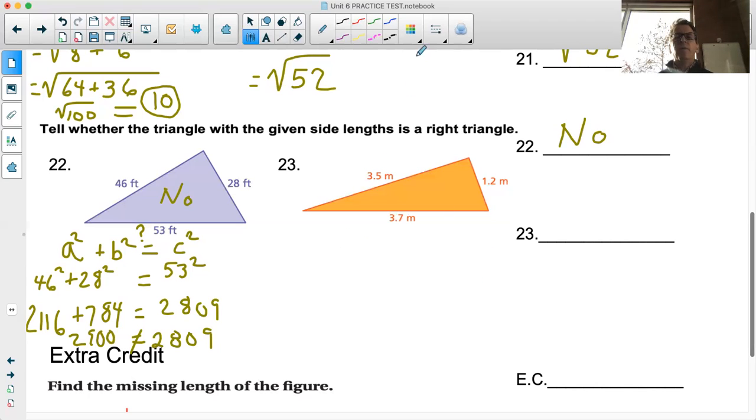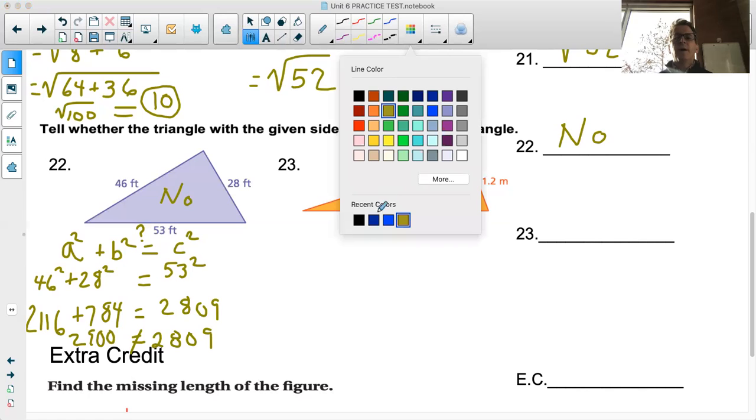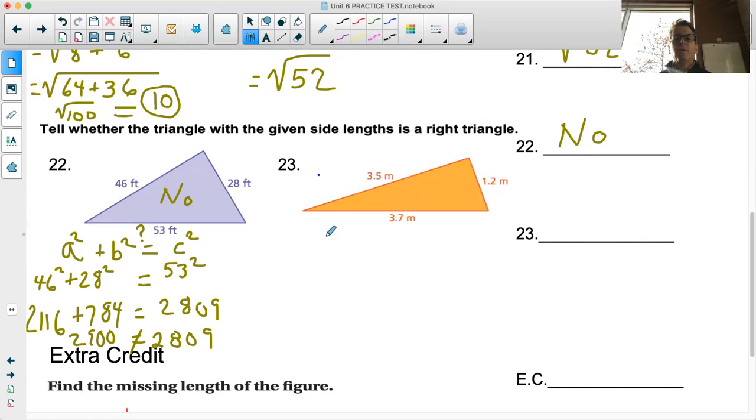23, same thing. I'm going to switch colors here back to my other colors. Start with our relationship: a squared plus b squared is equal to c squared. We're checking to see if it is true. If it is true, then we conclude yes, it is a right triangle.